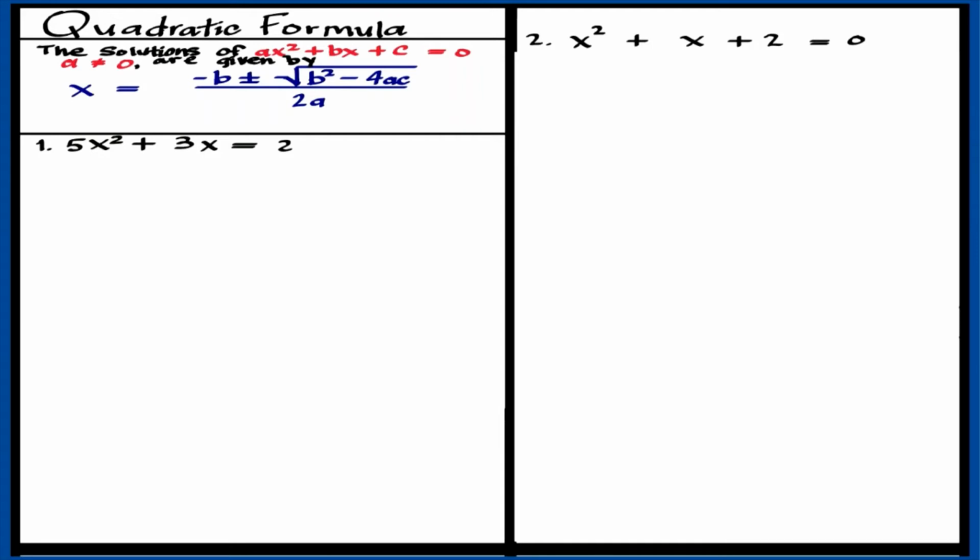So in order to use my quadratic formula, I always need to have my equation in standard form. So in this first one, I need to move a negative 2 over.